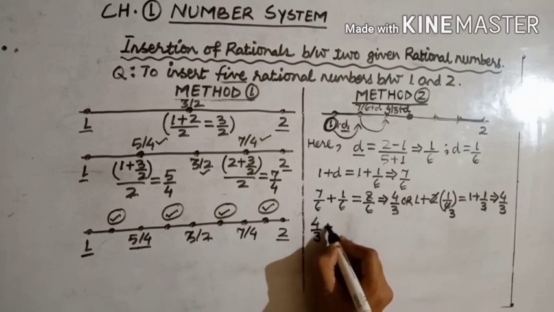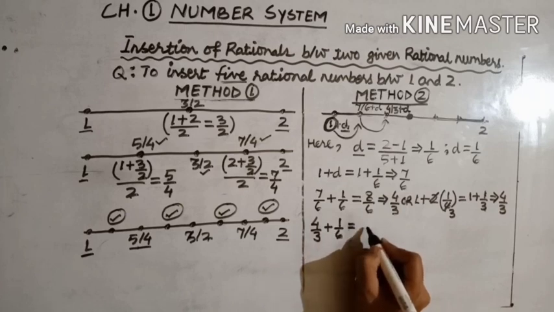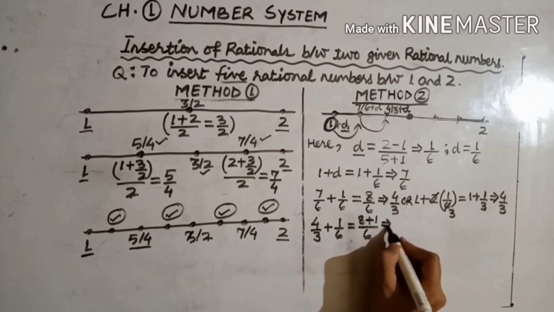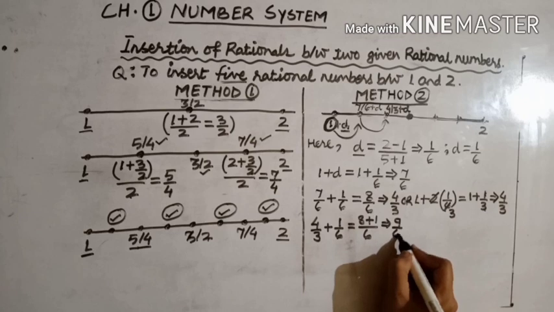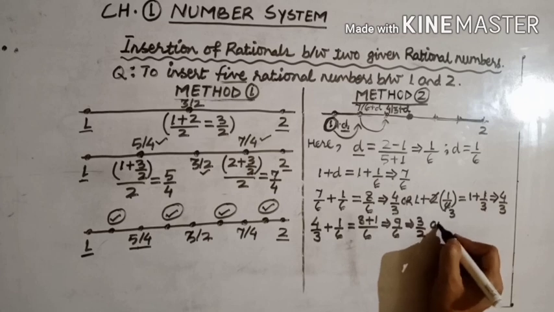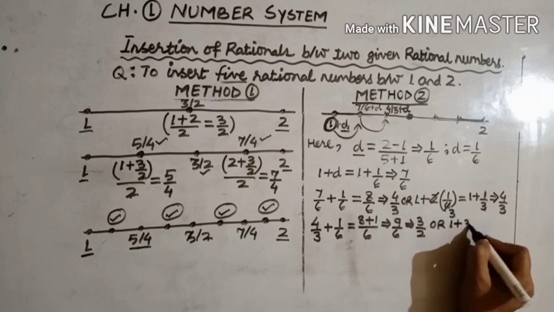Either 1 by 6 is added to 4 by 3, so it is 9 by 6, or in simplified form 3 by 2, or the same you could find if 3D is added to 1.